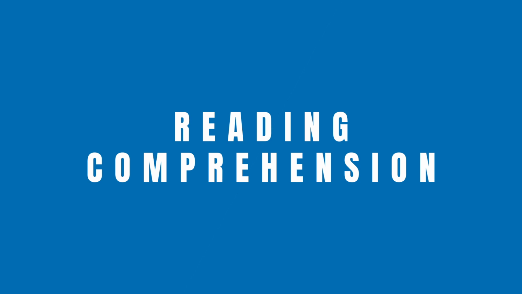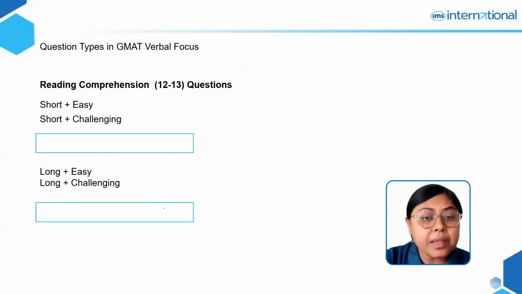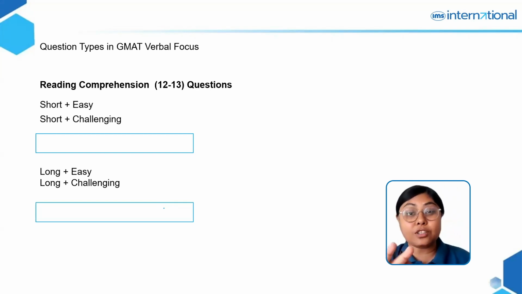So let us see. When I look at the RC, the total number of questions for this section is 12 to 13. It might give you the thought that I spend 2 minutes per question, that's it. But reading comprehension has a paragraph, right?